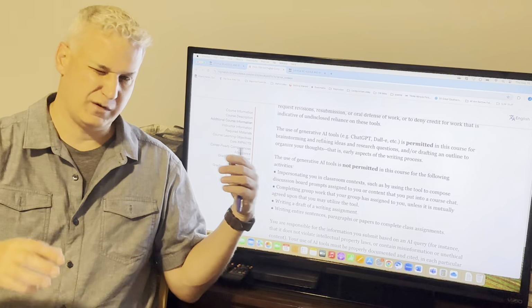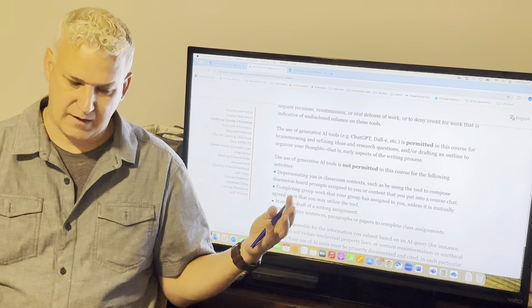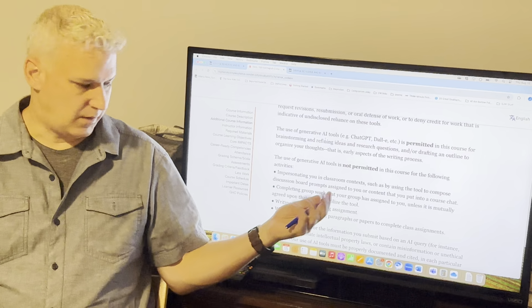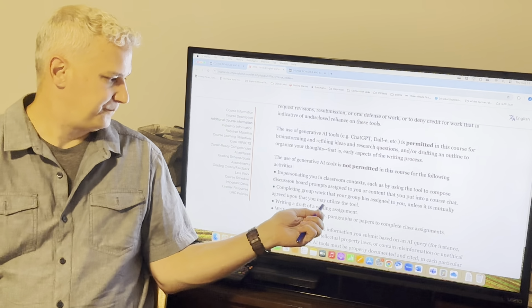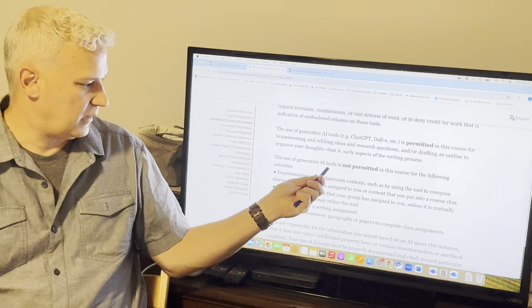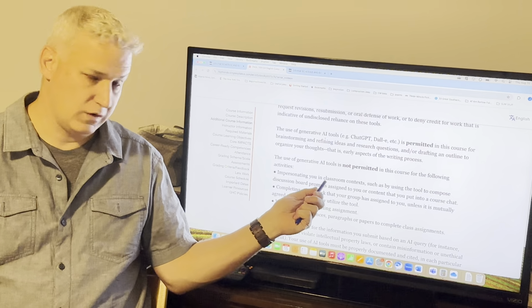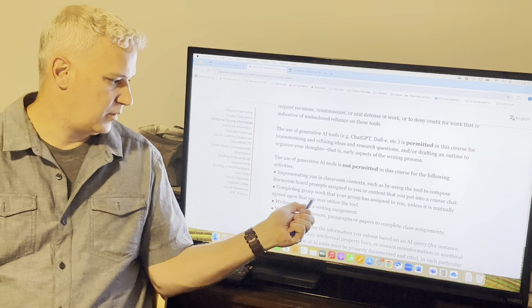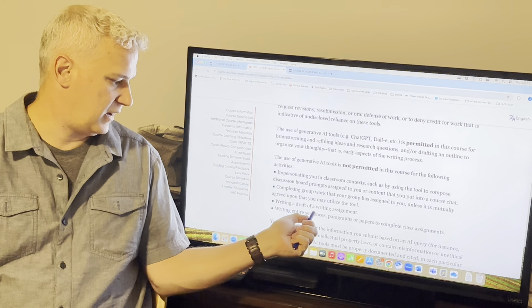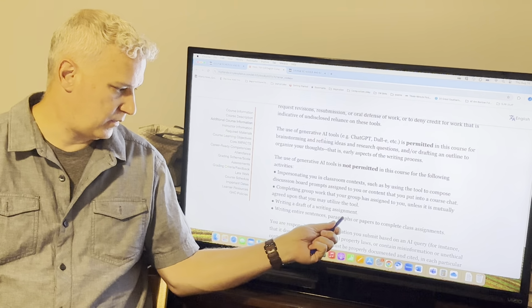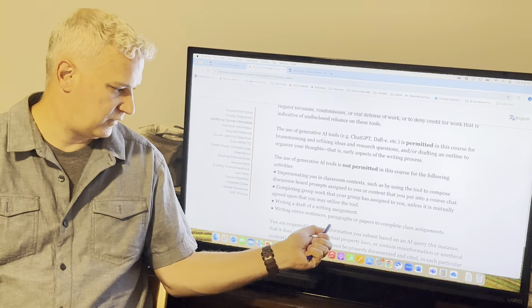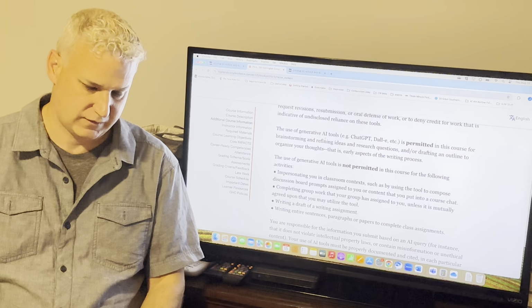That boils down to rough drafts, outlines, as it says right here, writing a draft. The use of generative AI tools is not permitted for using it to impersonate yourself, completing group work that the group is assigned to you, writing a draft of a writing assignment, or writing entire sentences, paragraphs, or papers to complete class assignments.